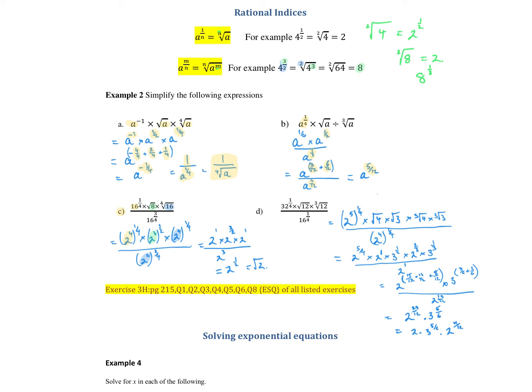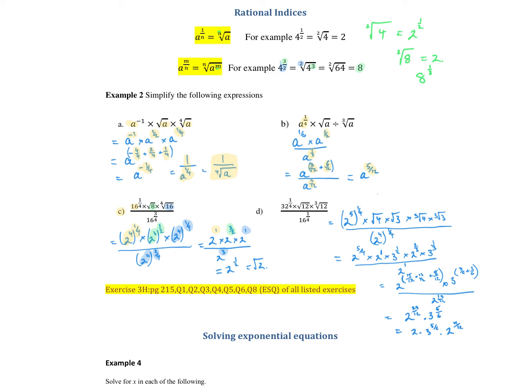Now I'm going to apply my index laws. 2 to the power of 4 times the power of 1/4, we multiply that, so 4 times 1/4 is 1. 3 times a half is 3 on 2. 4 times 1/4 is also 1. And 4 times 3/4, well 4 times 3 is 12 over 4 is 3.